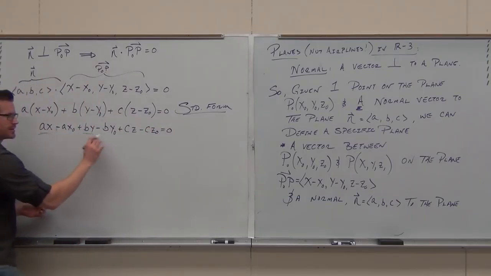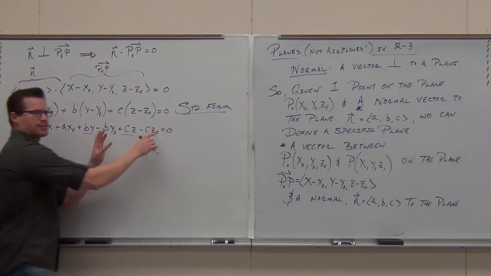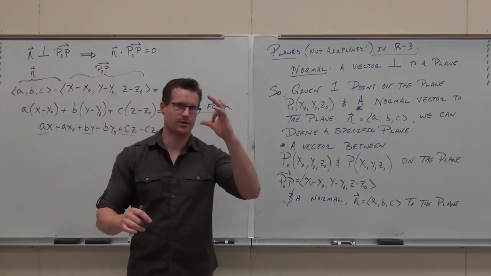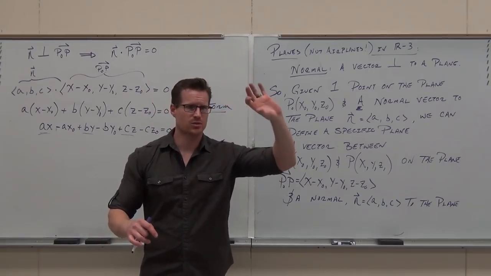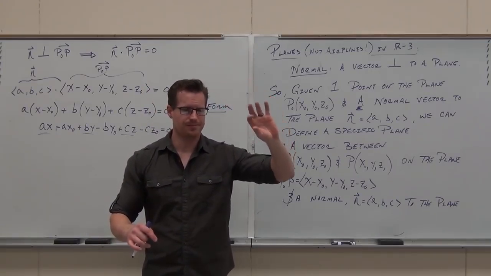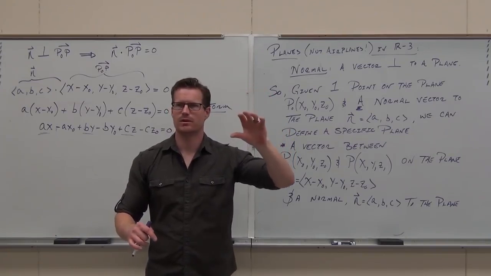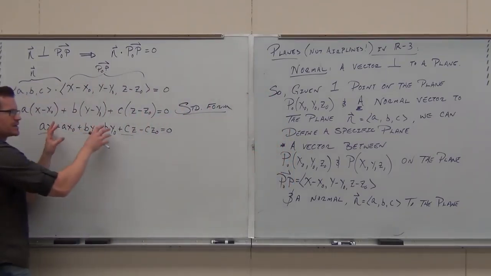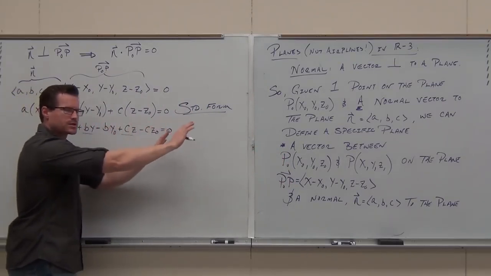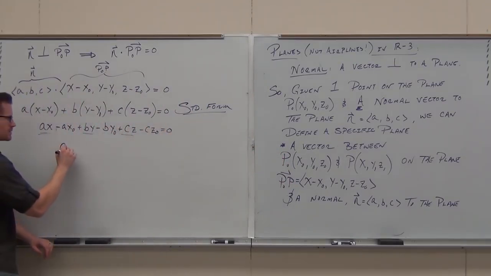Keep this, and you are going to have three numbers. Direction, the normal vector components times the actual coordinates of our point. And they're going to be numbers. If you add or subtract or whatever, get them all to one side, we end up getting this.